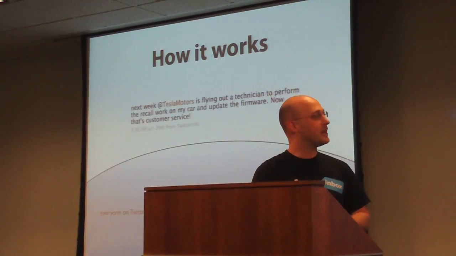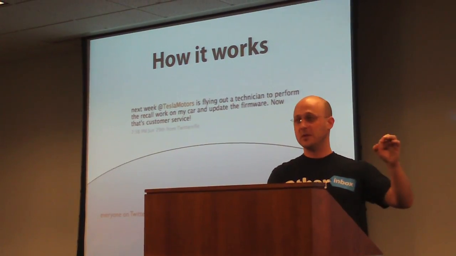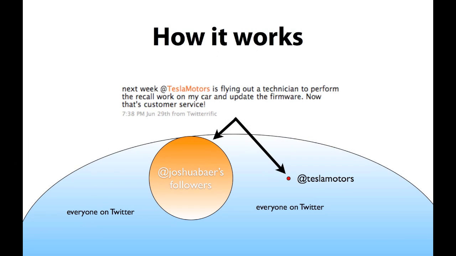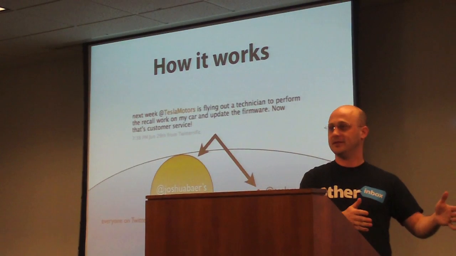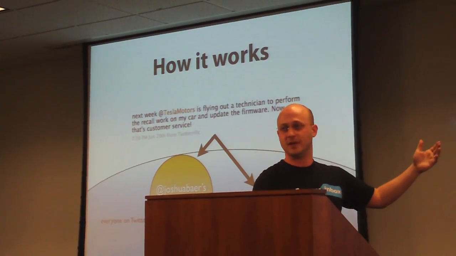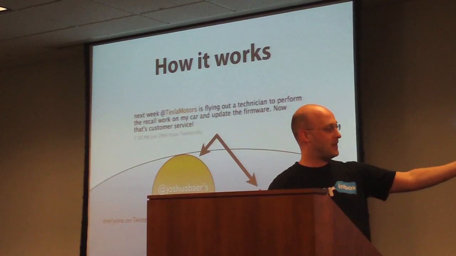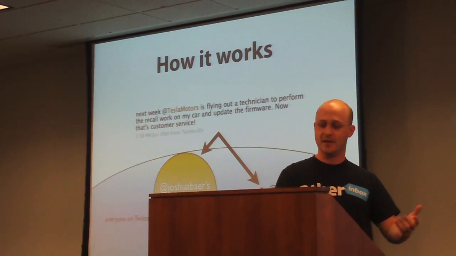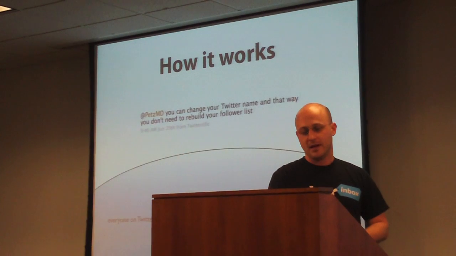Then if I mention somebody in the tweet, it goes to everybody that follows me, and it goes to just that one person. The whole big circle of everyone that follows me sees it because they see everything I tweet that starts with a word, and then that one person sees it in their timeline. So if you mention somebody, they find out about it.